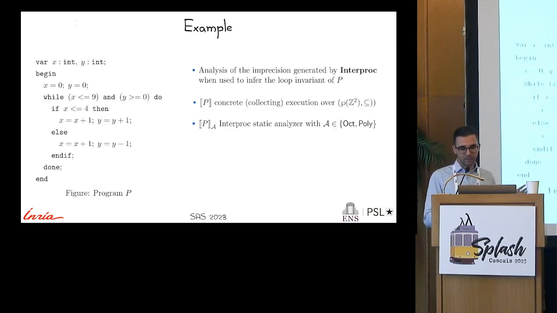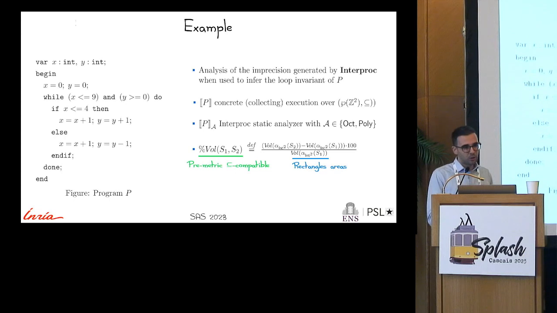As a last, very simple example, we show how to verify the epsilon partial forward completeness on this small program. Here we are using the Interproc static analyzer to infer the loop invariants of this program, and we are using the abstract domains of octagons and polyhedra.